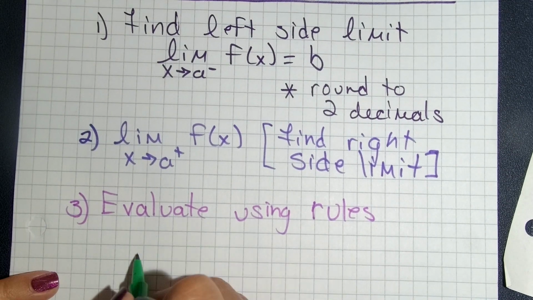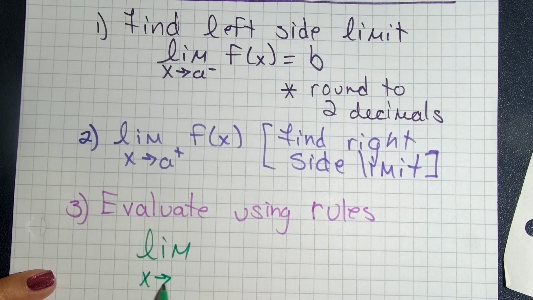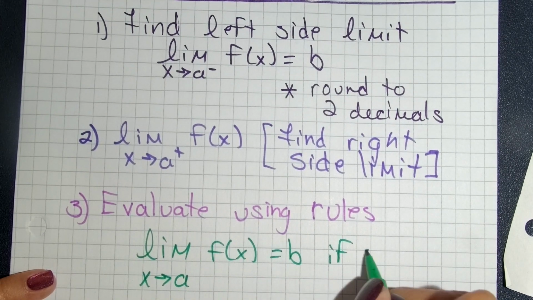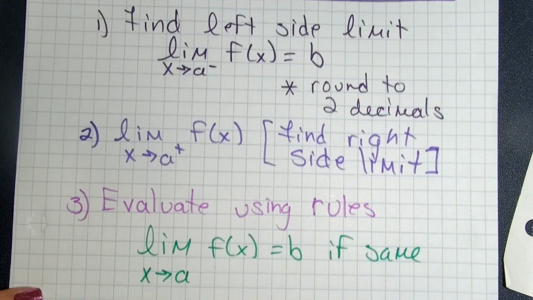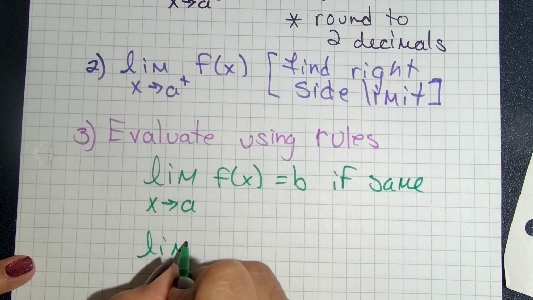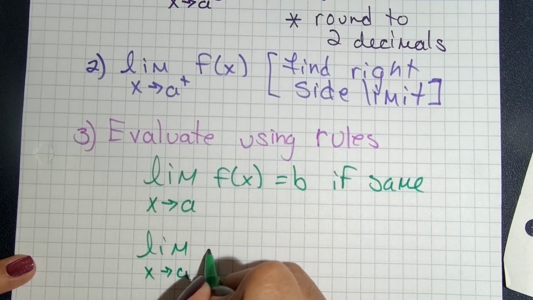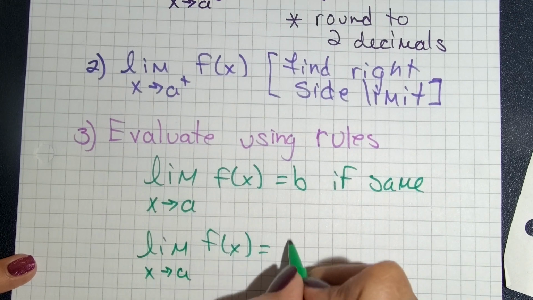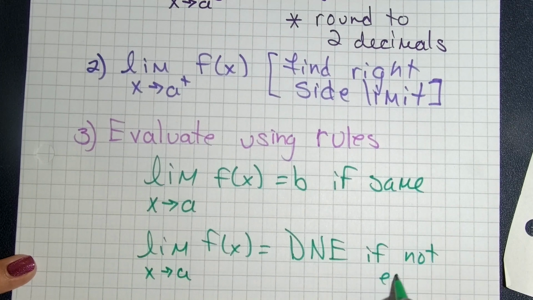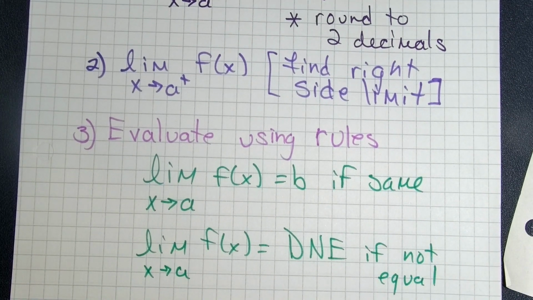So that's what I mean by evaluating using limit rules. What if they're not the same? What? Say louder. Does not exist. Okay, so this goes back to what we were doing way before. Yes, we're combining all the things we've learned so far.